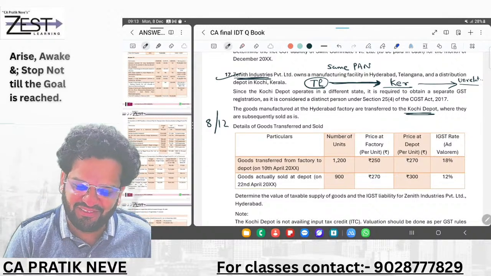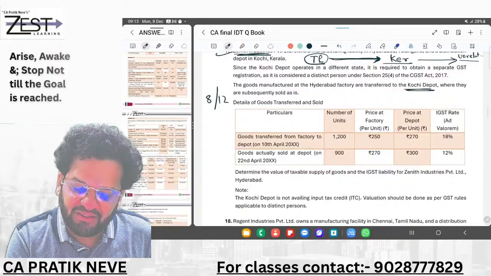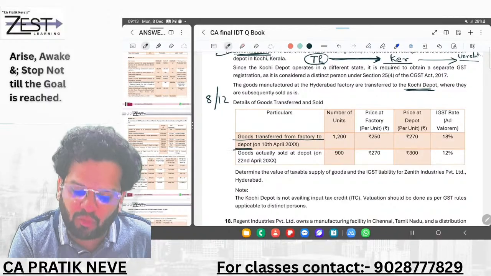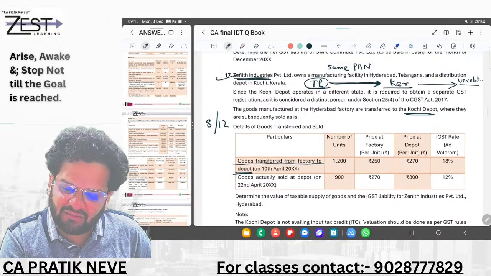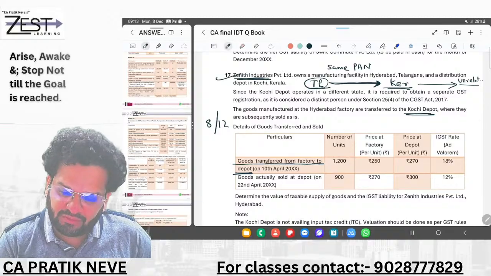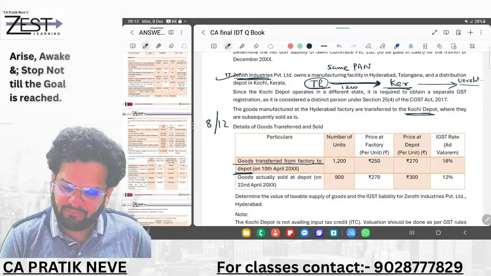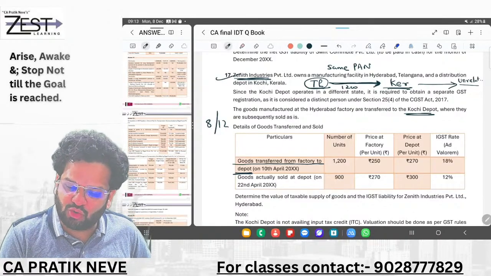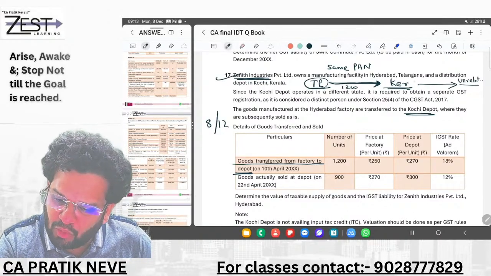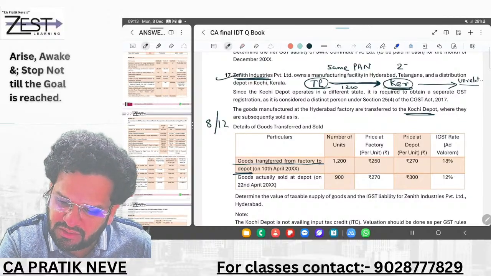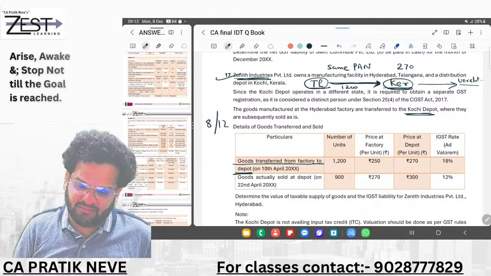Details of goods transferred and sold: goods transferred from factory to depot, 1200 units are transferred. Price at the factory is 250. Price at depot is 270.